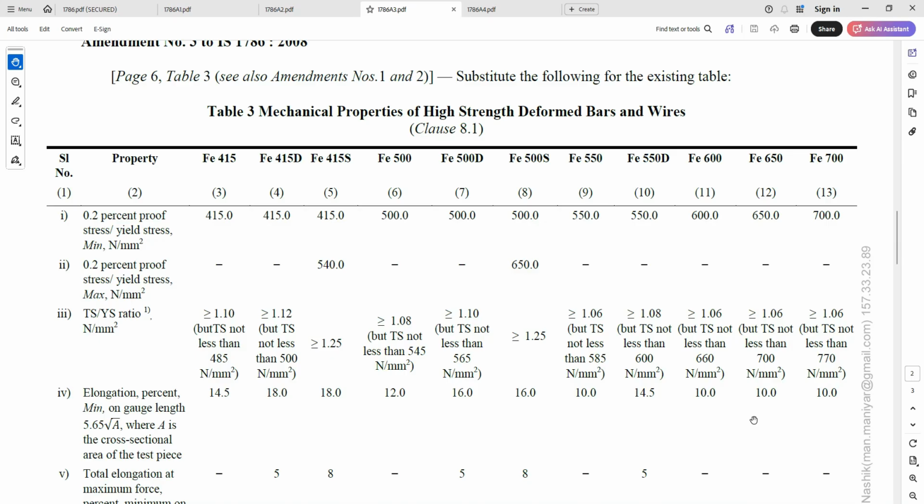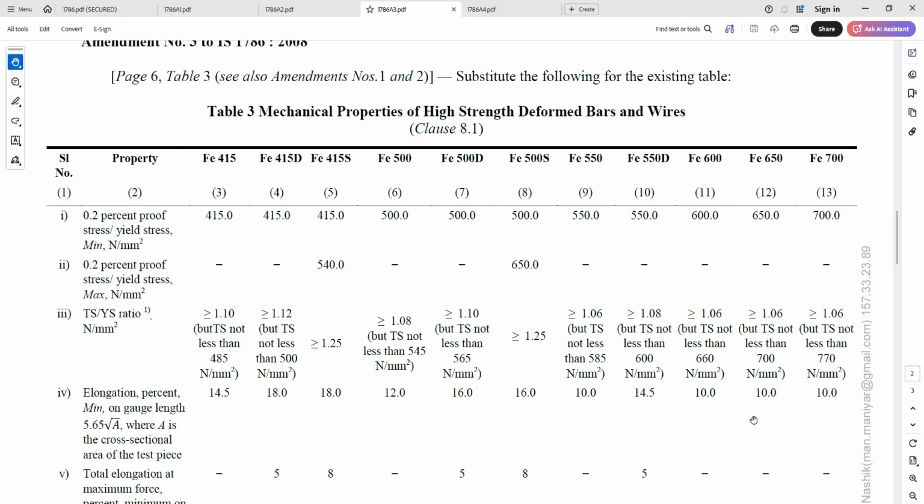So the criteria are not just blindly do like this or do like that. You have to carefully look at what type of seismic zone you are in. If you are in a moderate zone, you can think of this. But if you go to some higher seismic zone, in that case, I would say this 7 or 8 rupees per square foot cost is not big. You have to be more careful. You have to go with better ductile steel, and you have to go with Fe550D.